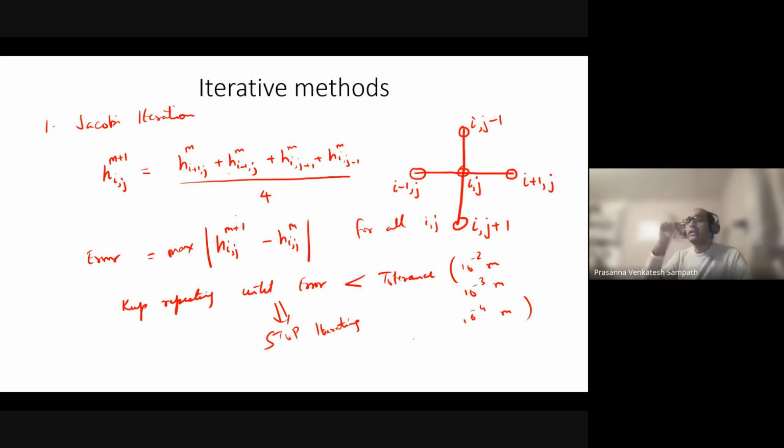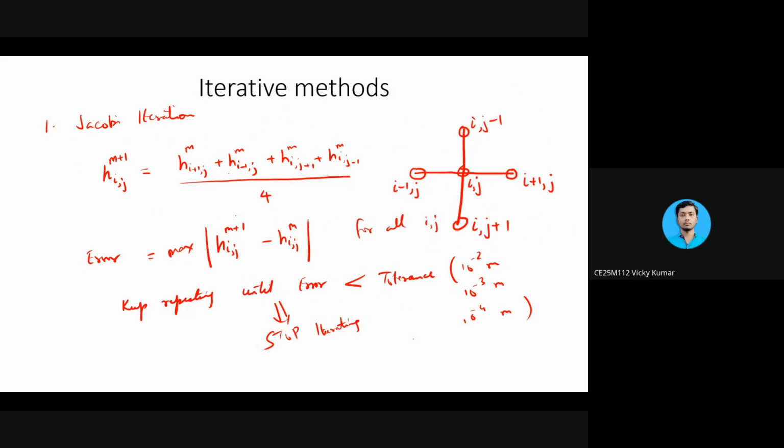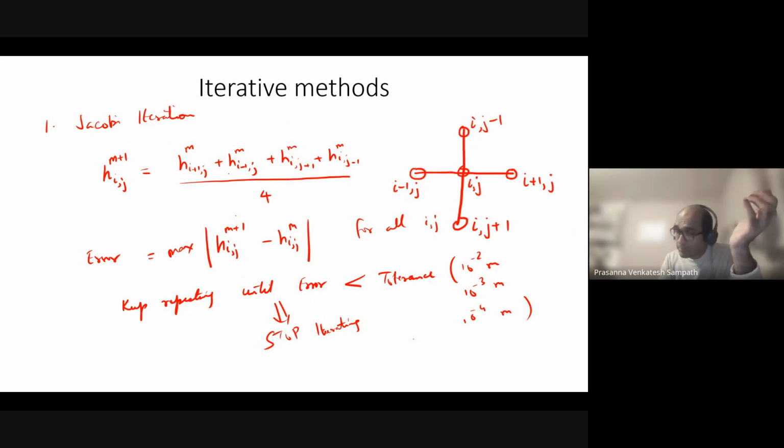Let us say after 10 iterations, my error has become less than my tolerance, so I stop. Let us say for the Jacobi method, I'm able to solve it in 10 iterations. Now this Gauss-Seidel method, do you think it will take more than 10 iterations, less than 10 iterations, or about the same? It should be the same, sir. If it is the same, then why do we have two methods?